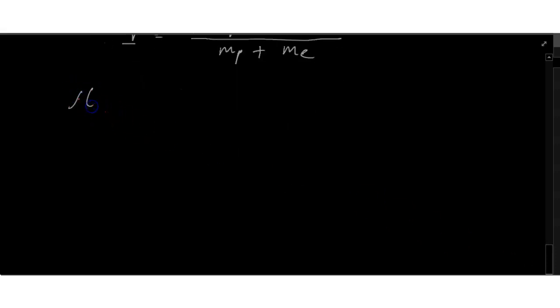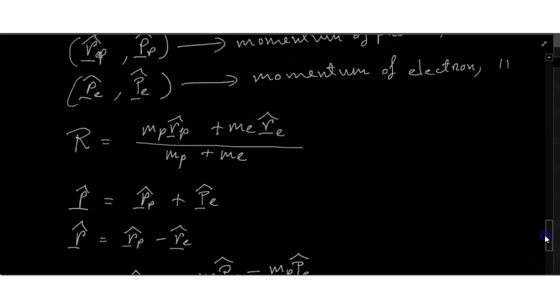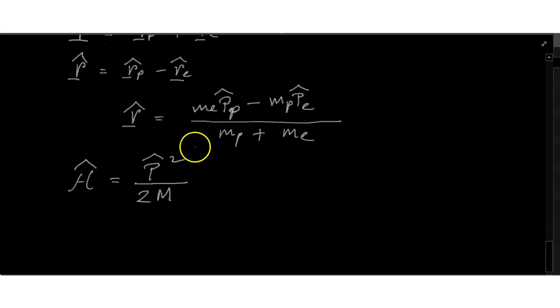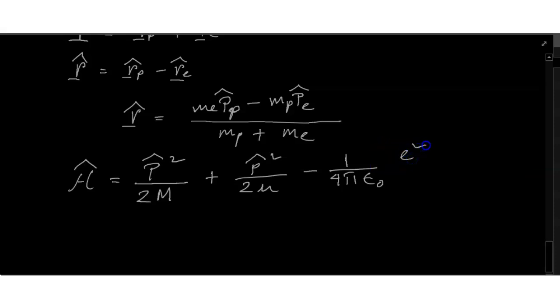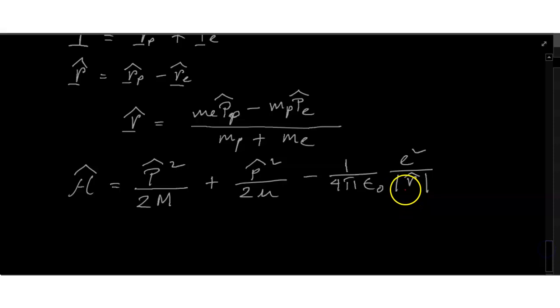Then the Hamiltonian equals P squared divided by 2 capital M, plus small p squared divided by 2 mu, minus 1 by 4 pi epsilon 0, e squared divided by small r, capital R. This is the distance, friends.